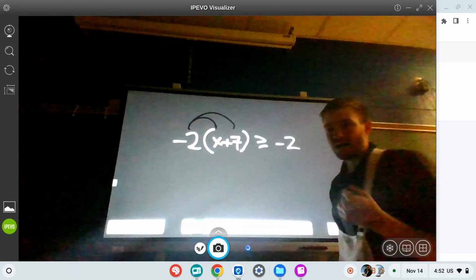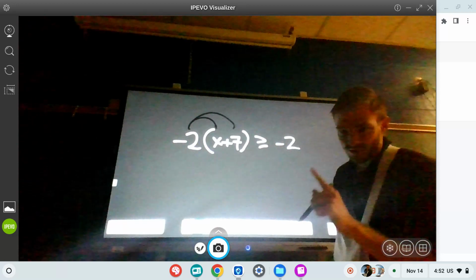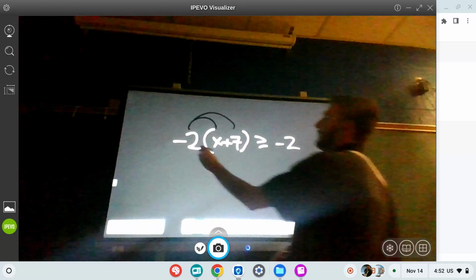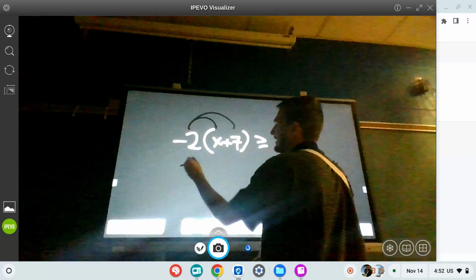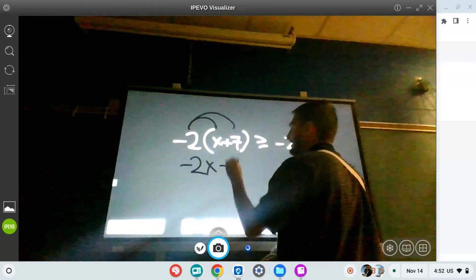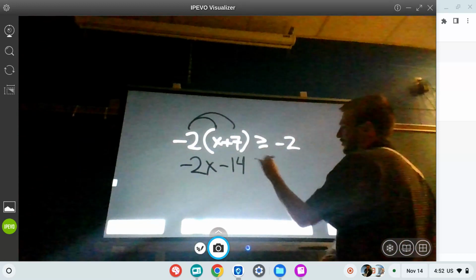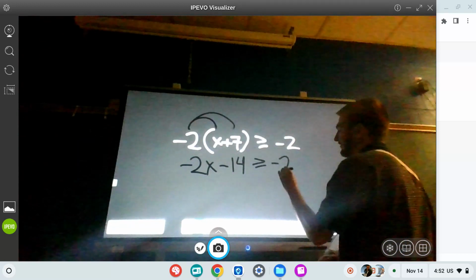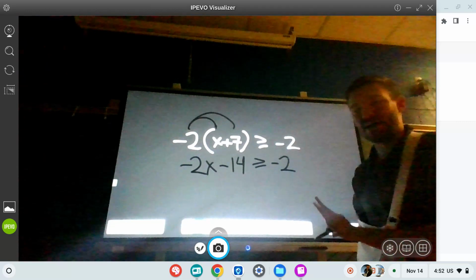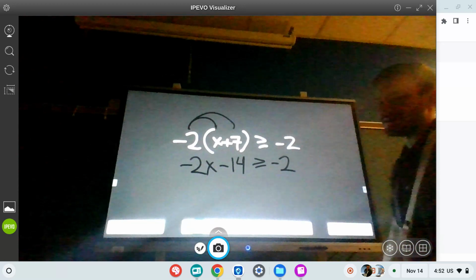And remember, when it comes to flipping, I'm not going to touch this sign unless it's the first or the last thing that we do. So I'm going to wait. I'm going to multiply, distribute, negative 2x. Negative 2 times 7 is going to be negative 14. I'm never going to change this symbol unless it's the first step rewrite or the last step divide.